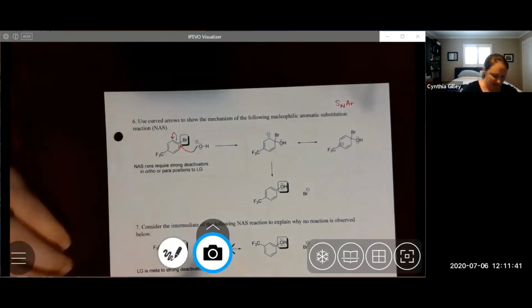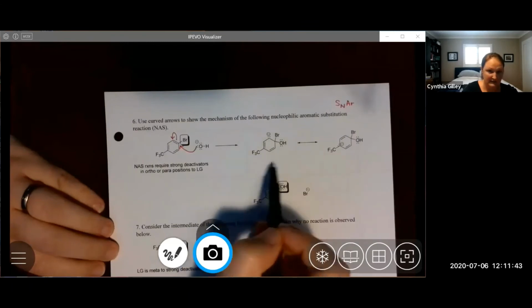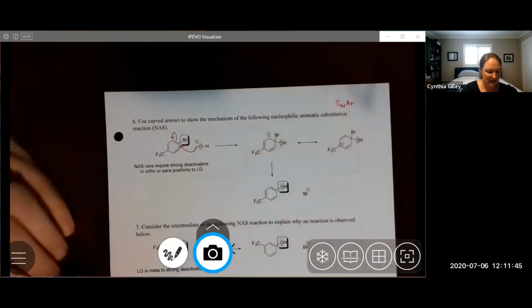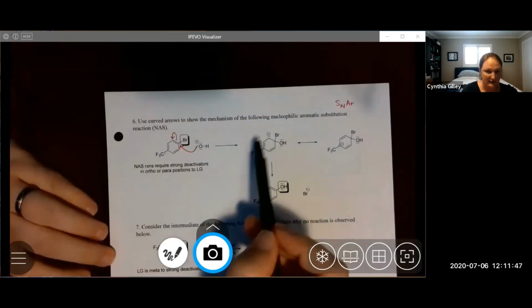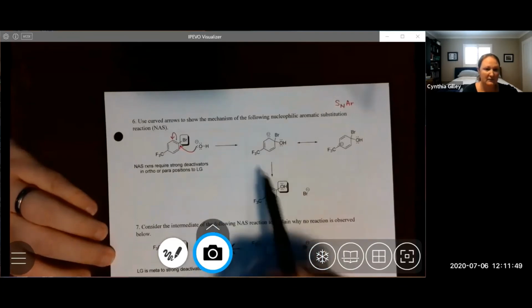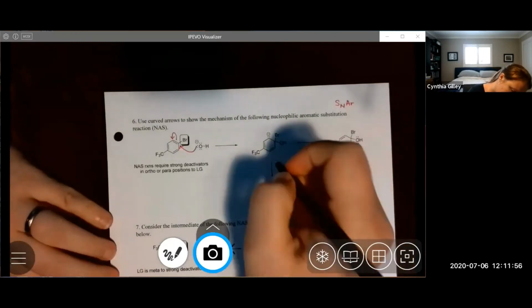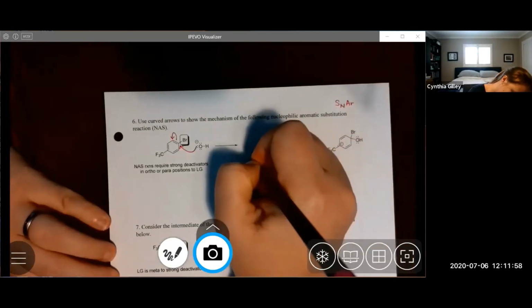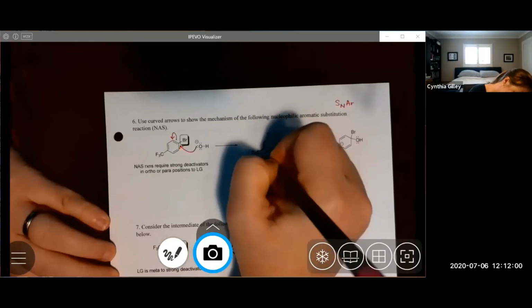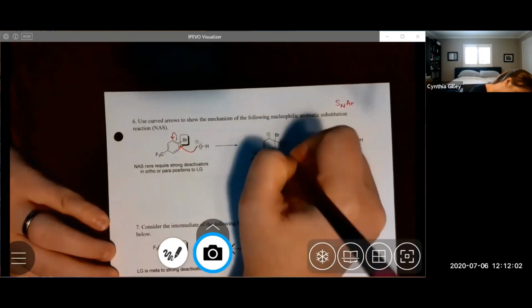So that generates an intermediate like this. Notice that this is not an intermediate you would see in an SN2 or an SN1. Very different. By the way, this does have a name. This intermediate is called a Meisenheimer complex.